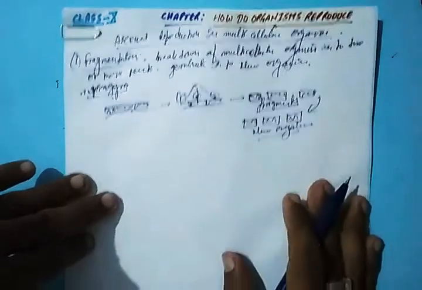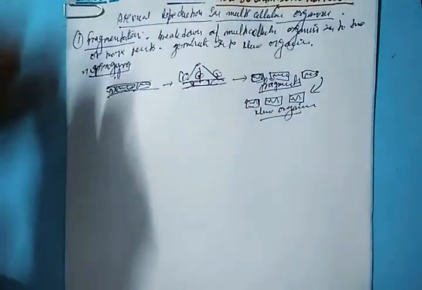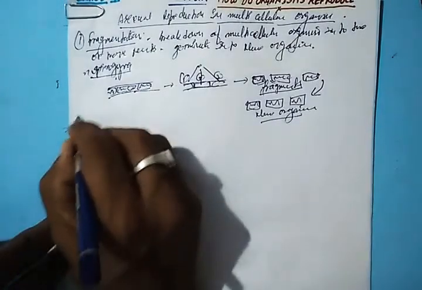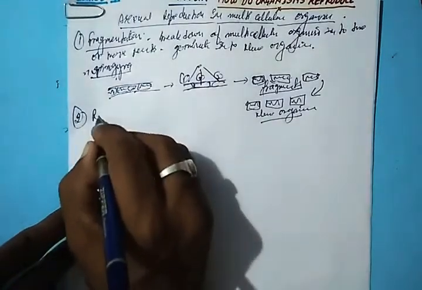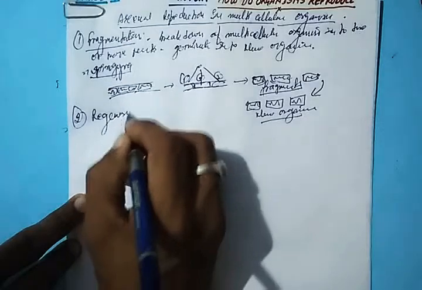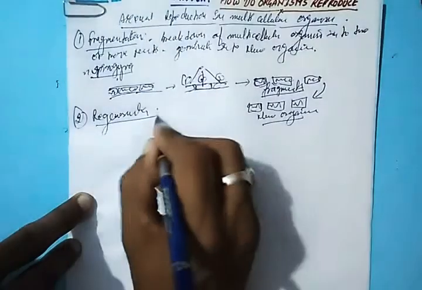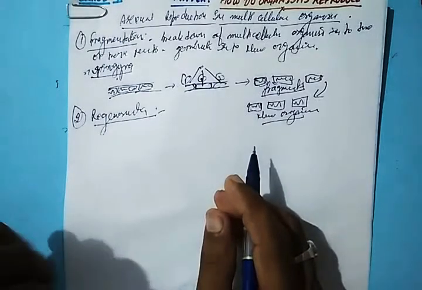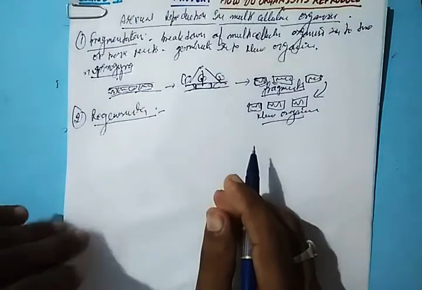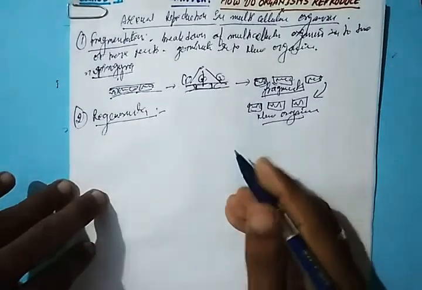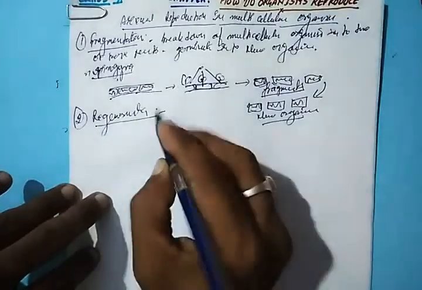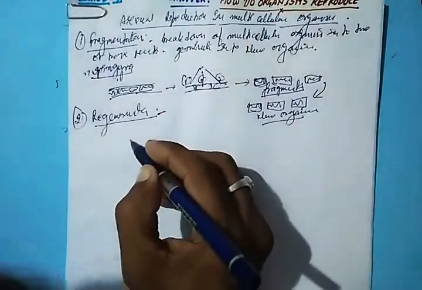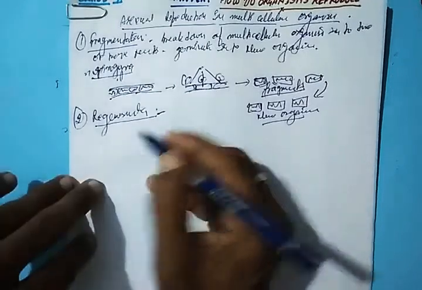Okay, next type of asexual reproduction is regeneration. Basically, what is regeneration? Regeneration is the ability to repair an injured part and replace the part which is lost during any accident.